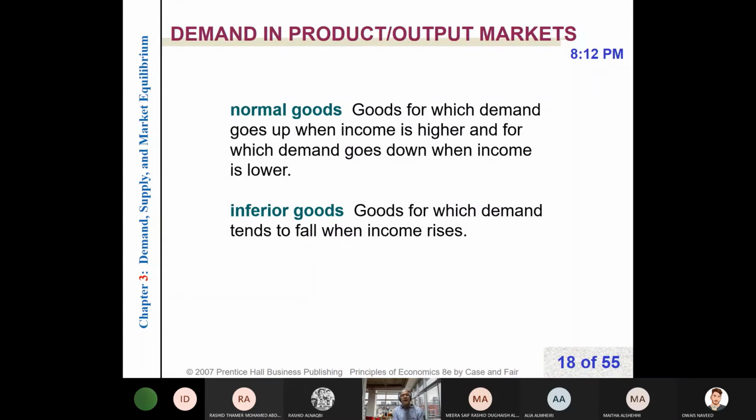Do you know, I remember one day, it was in the beginning of the 1990s, and Iraq was under blockade. We were not allowed to export oil, so the country became so poor.